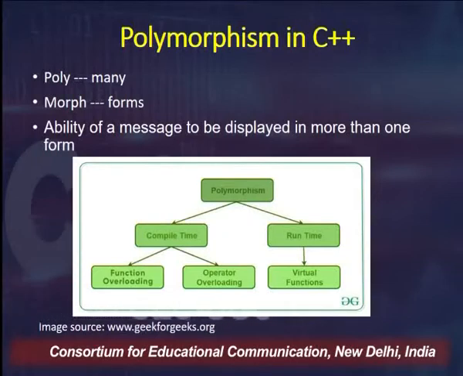Compile time polymorphism can be achieved either with the help of function overloading or operator overloading. If a function or a message is having many forms, we call it function overloading, and if it is done for an operator, that means the operator is having more than one form, so it is operator overloading. We will be drilling down into more details of these terms.